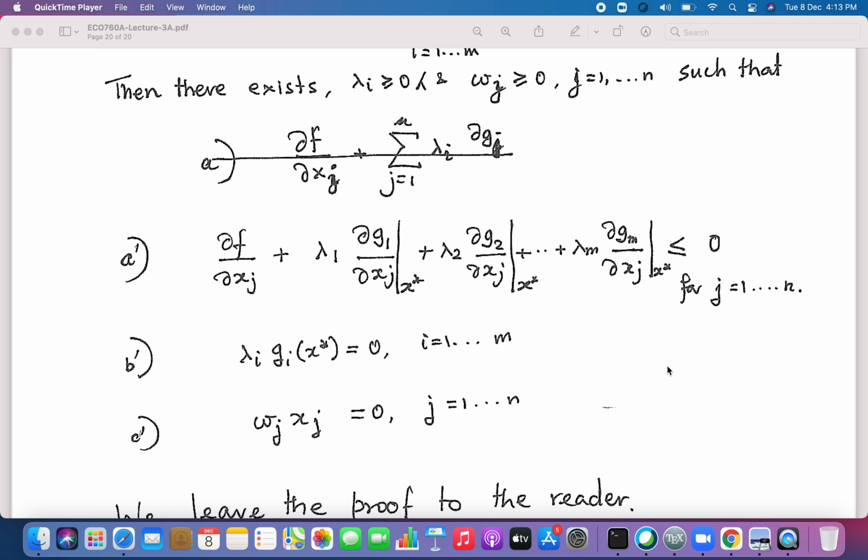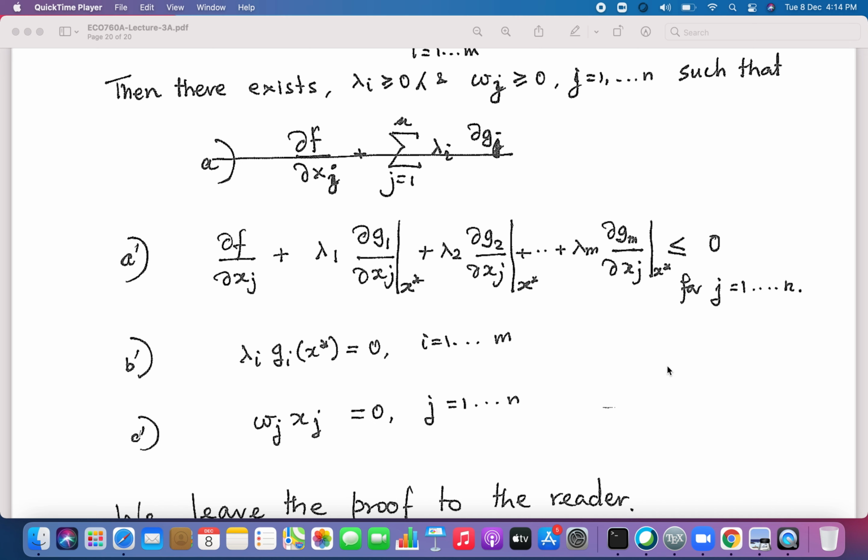So lambda 1 into grad g1 means what? Lambda 1 first gets multiplied with del g1 del x1, plus lambda 2 into del g2 del x1, lambda 3 into del g3 del x1, plus lambda n into del gn del x1.